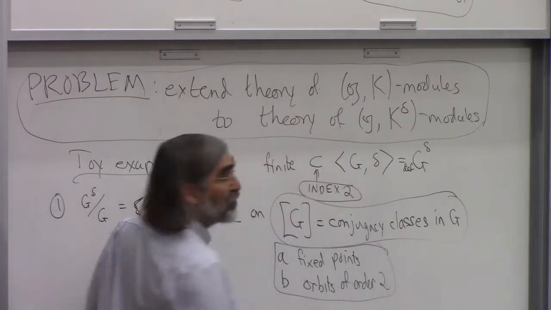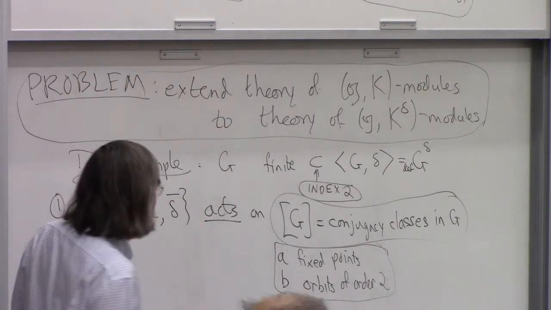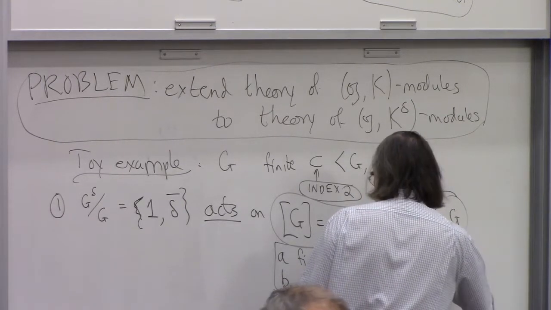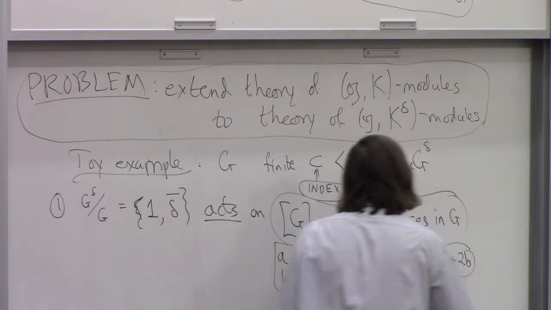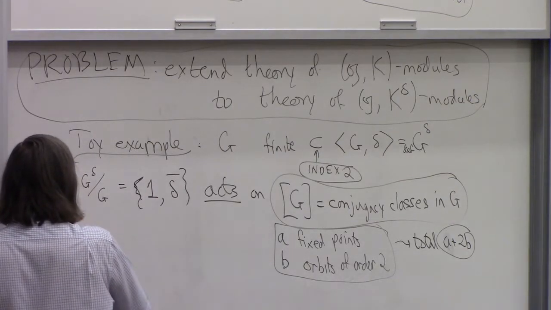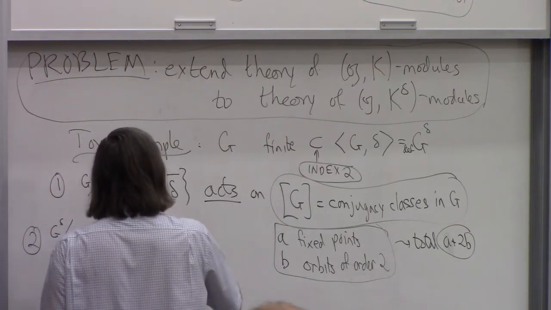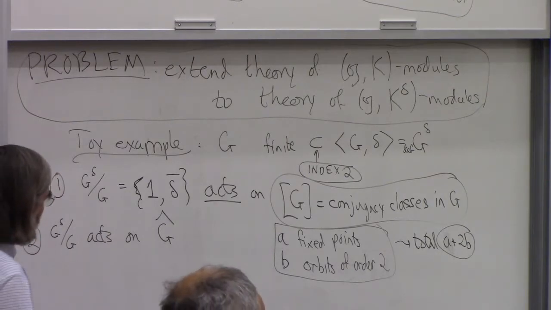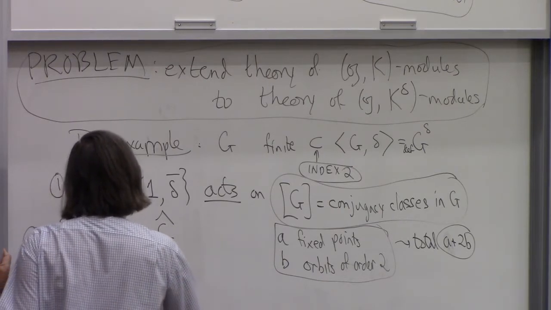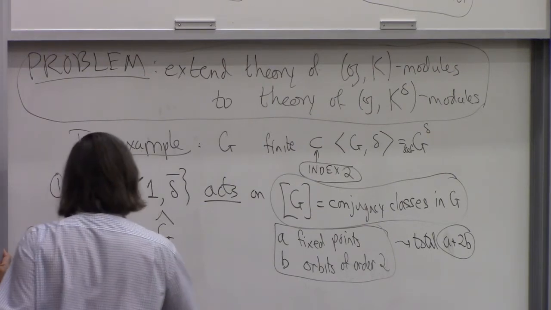If you have a group of order 2 acting on a set, there are fixed points and there are two-element orbits. That's all there is to it. And so the total here is A plus 2B. And it's also true that this G delta over G acts on G hat. And so again, there are fixed representations, and there are pairs that are interchanged.